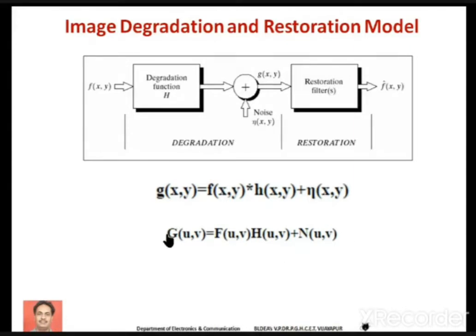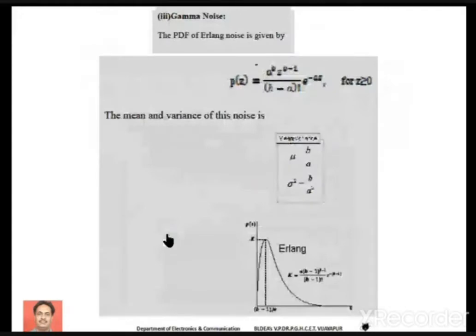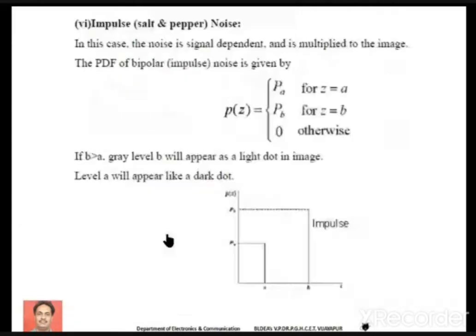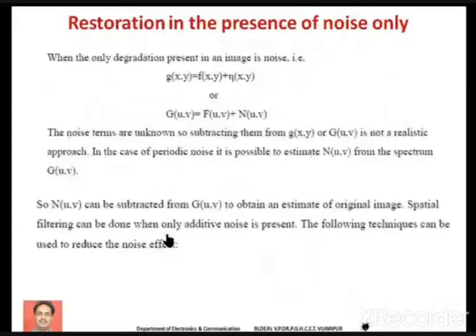That is, capital G of u comma v equal to capital F of u comma v times H of u comma v plus N of u comma v. Using this equation, we are going to discuss the remaining topics. In today's class, we are going to discuss the restoration of the image only in the presence of additive noise. Suppose the image is degraded only by additive noise.